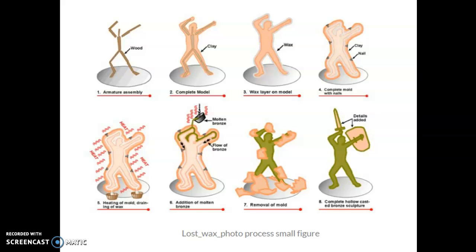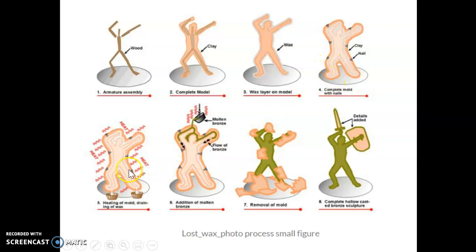In the case of casting bronze, the system actually worked pretty much the same way it had during the Greek and Roman times. You started with a wood frame, fashioned the model around it in clay, coated the clay model with wax, and then formed a second layer of clay as a mold around the outside.